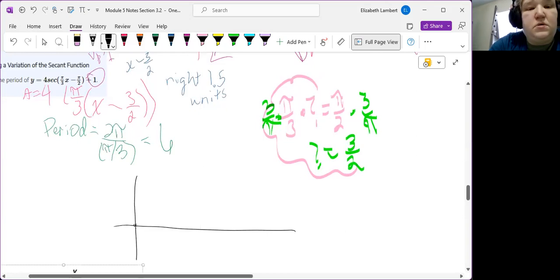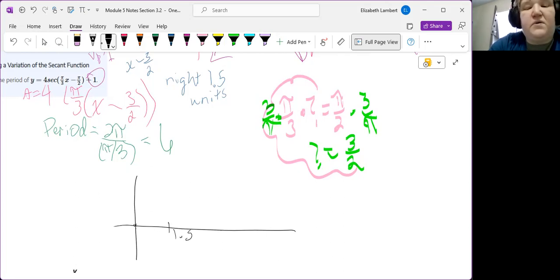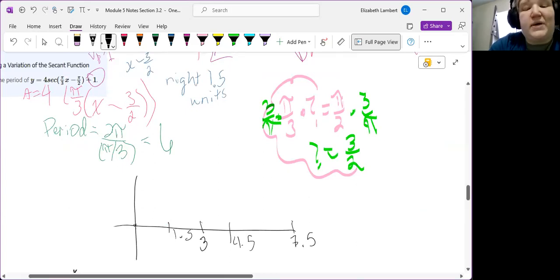So our whole period is 6, but we're moving 1.5 units right. So let me just mark 1.5. And then if I add 6 to that, I get 7.5. Halfway between is 4.5. Halfway between 1.5 and 4.5 is 3.